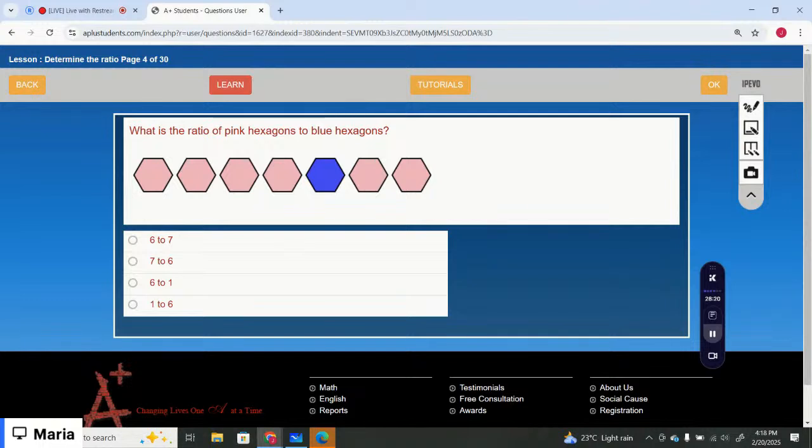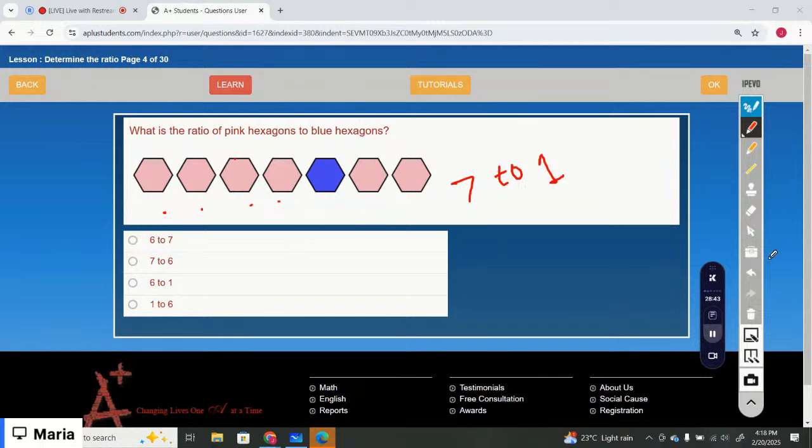What is the ratio of pink hexagons to blue hexagons? Pink to blue.